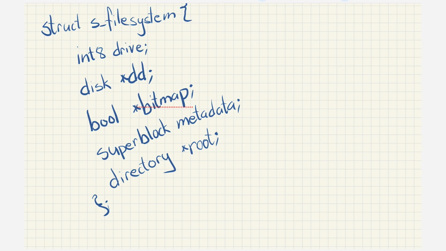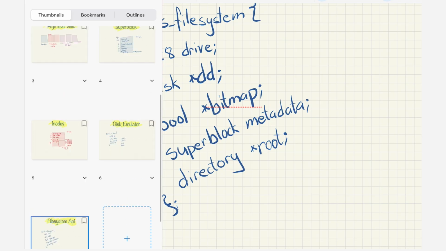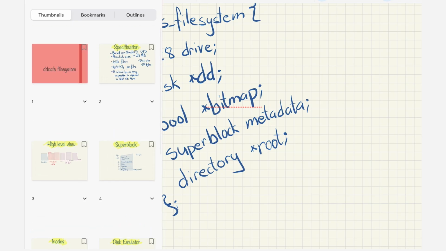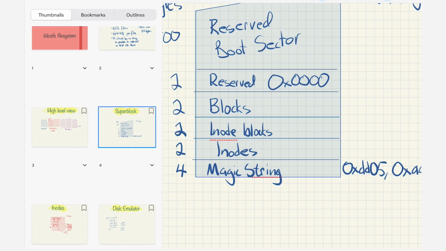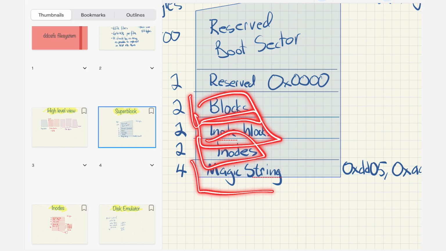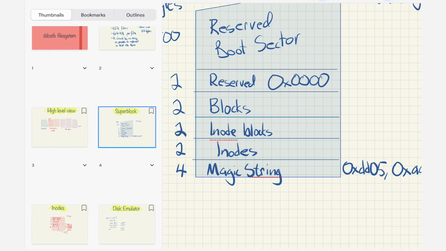We will also have a copy of the superblock, which will be the metadata, so we always know all the different things which are contained inside of the superblock structure. And that's basically what I showed you from the beginning. So the number of blocks, the inode blocks, inodes, and possibly even a copy of the magic string.